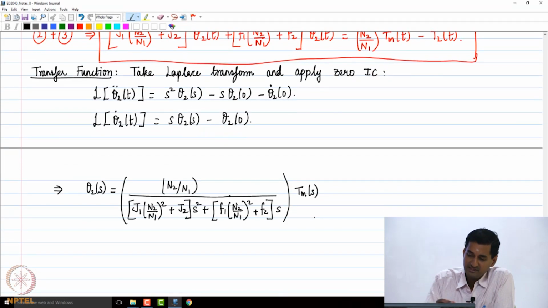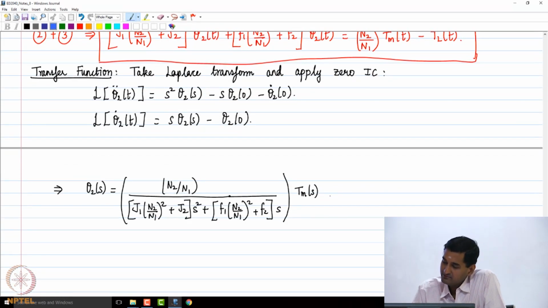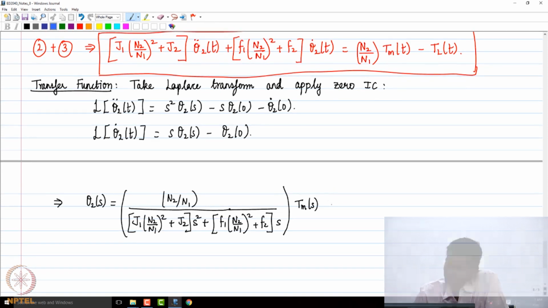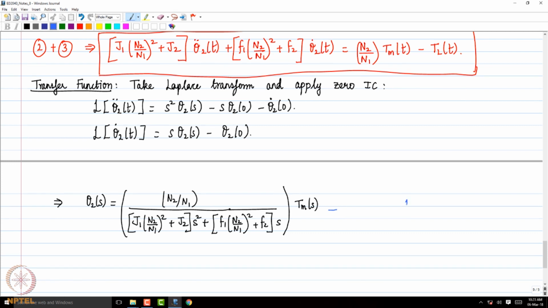On the right hand side, we have another term, the load torque: minus 1 divided by the same denominator, J1 (N2 by N1) whole squared plus J2, s squared plus F1 (N2 by N1) whole squared plus F2, s, the whole thing multiplying TL(s).